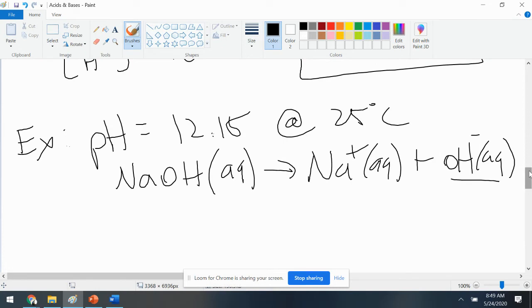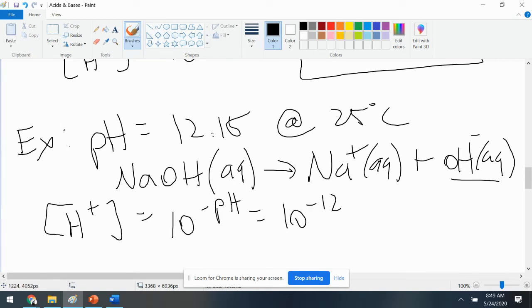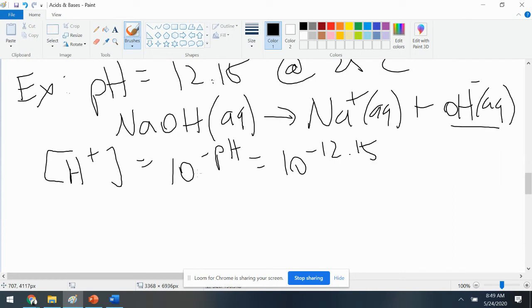So notice this time the pH is 12.15. What I can do is find H plus, set it equal to 10 to the negative pH. Plug in my pH, 10 to the negative 12.15. Let me take my calculator.